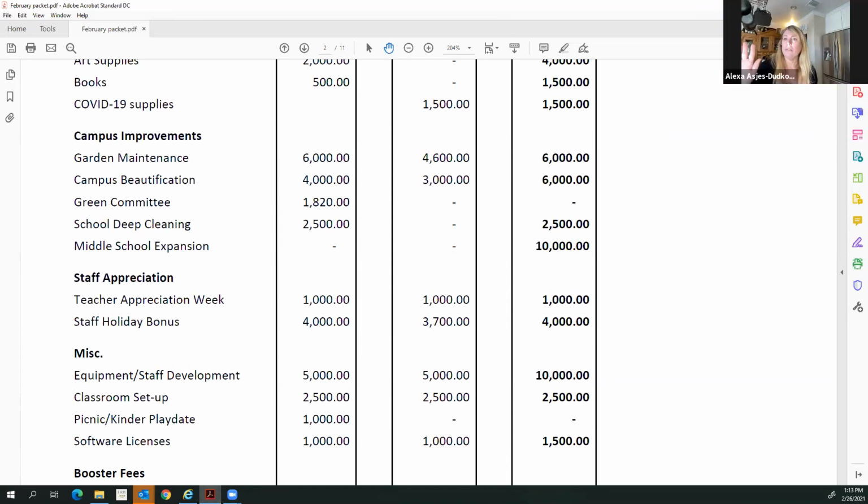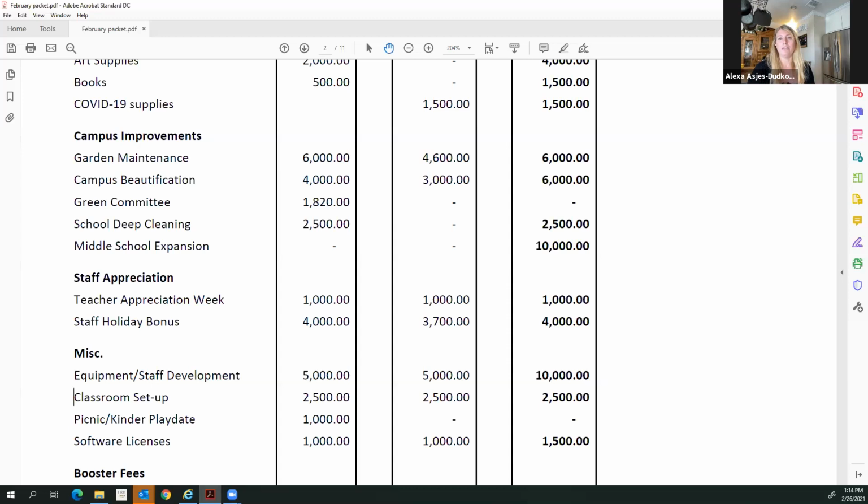I can also speak to that, because I'm sort of helping head the campus beautification. And for anyone who's asking, we don't have anything solid right now, but I'm assuming that as much as we can, based on what LAUSD says, but also based on probably parental wishes, the more that we can be outside with the kids, the better.